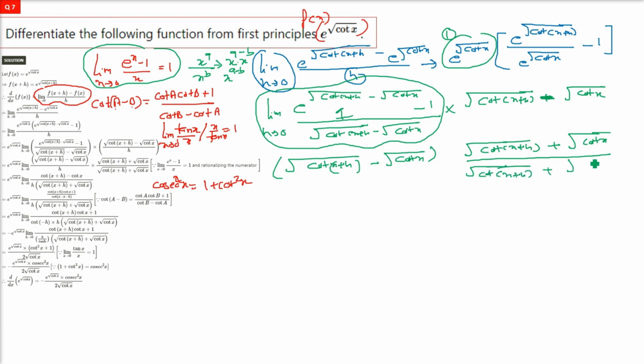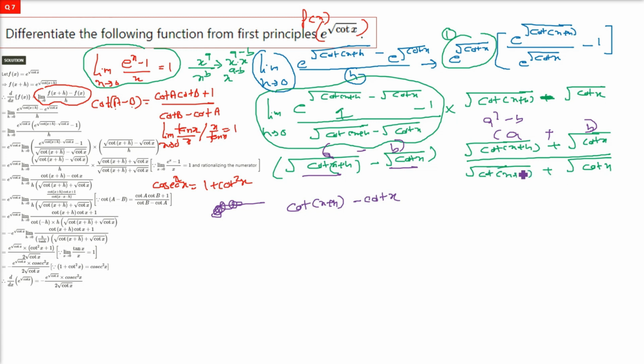So now we have a minus b, a plus b kind of situation in the numerator. A minus b and a plus b is a squared minus b squared. Since we have this in root, you can get this value without the root, that is, root will be eliminated. So cot x plus h minus cot x divided by this term.